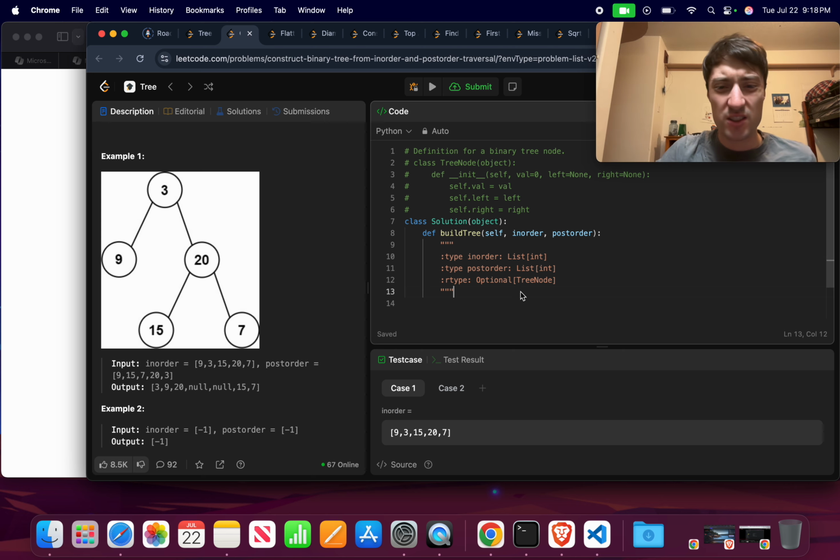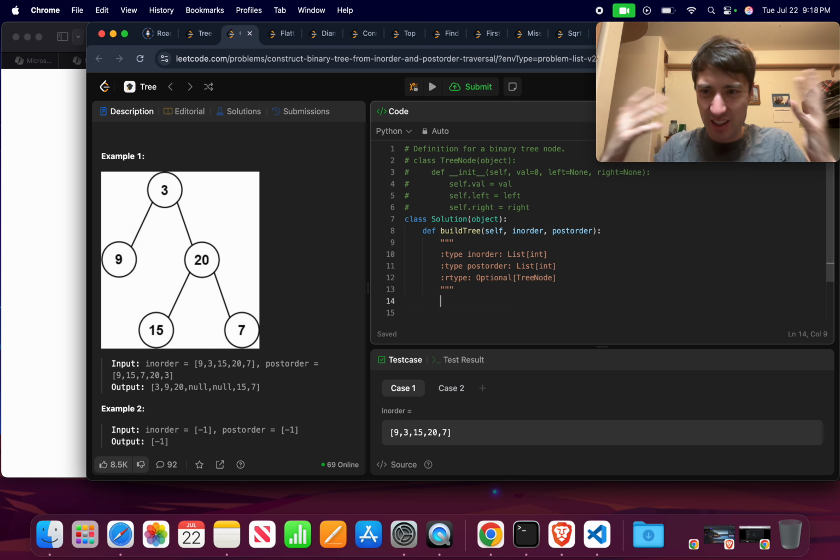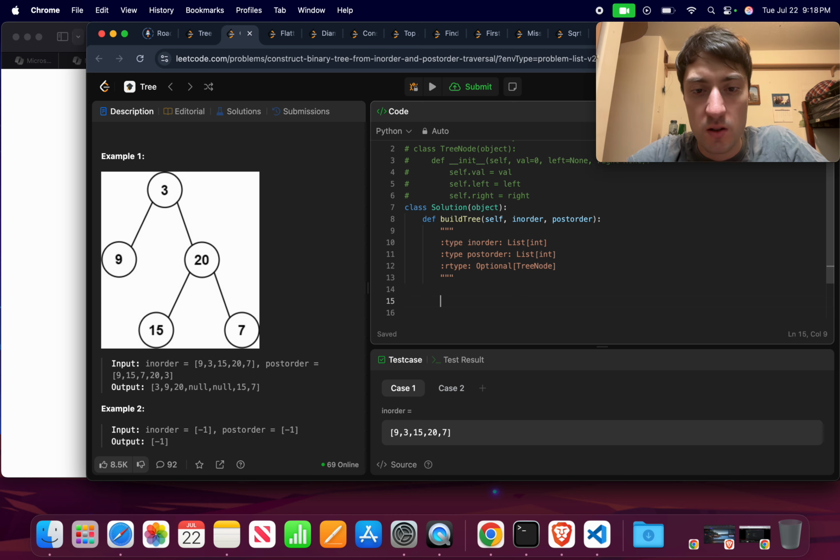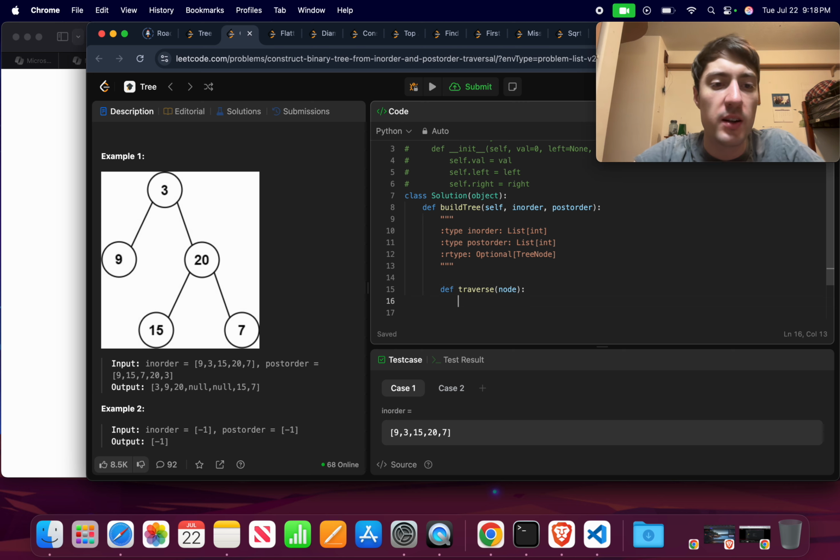I'm going to try to start typing something and see if I get inspired. Def traverse, okay, and then node, okay, and then I need some pointer.